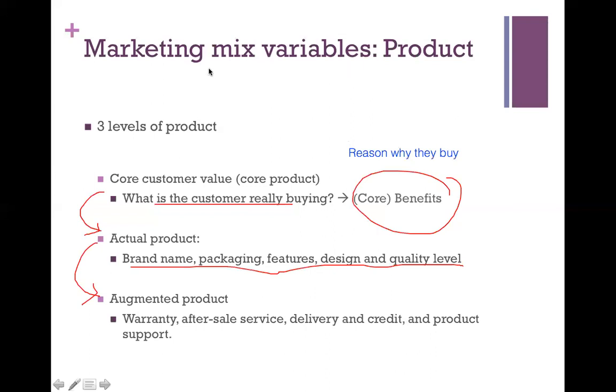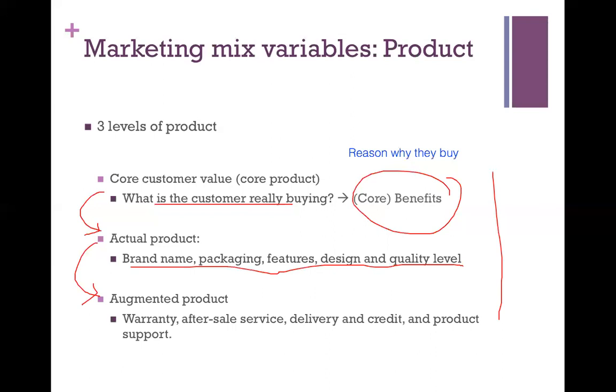The other thing I'd like to highlight to you is that the core customer value, actual product, and augmented product are something that the product planner starts with. And in terms of actual product and augmented product, the product planner would manage it to deliver what they promise for the customers, the value that they promise.